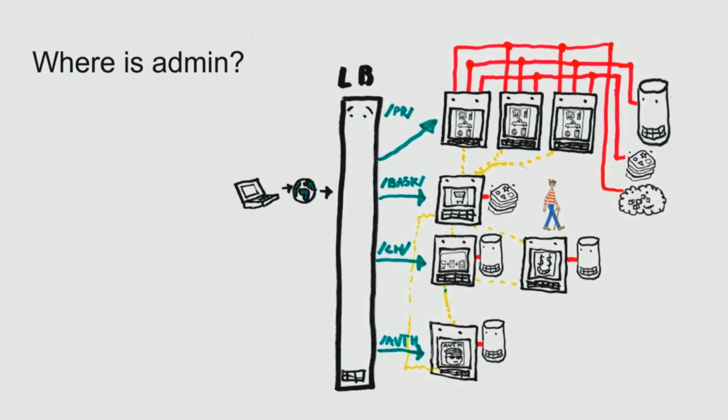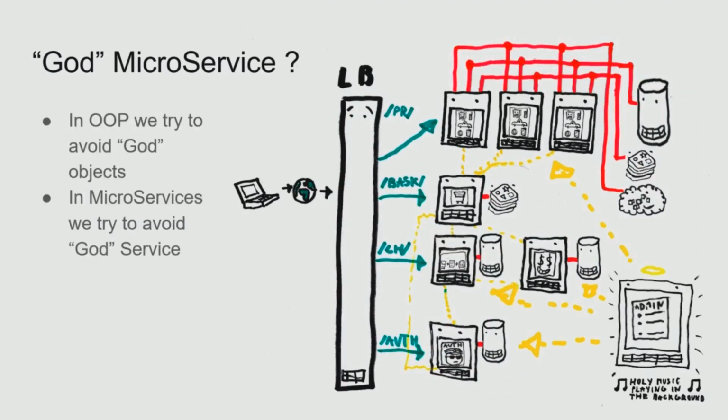In order to explain what I mean by that, we still didn't talk about how to do admin in microservices. So where is admin in this case? Is it some microservice on its own, some microservice that is managing all the microservices? This way you are introducing a God microservice into the infrastructure.